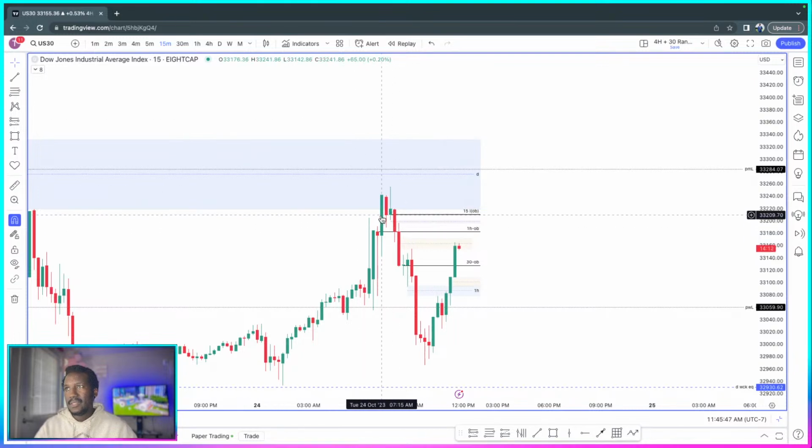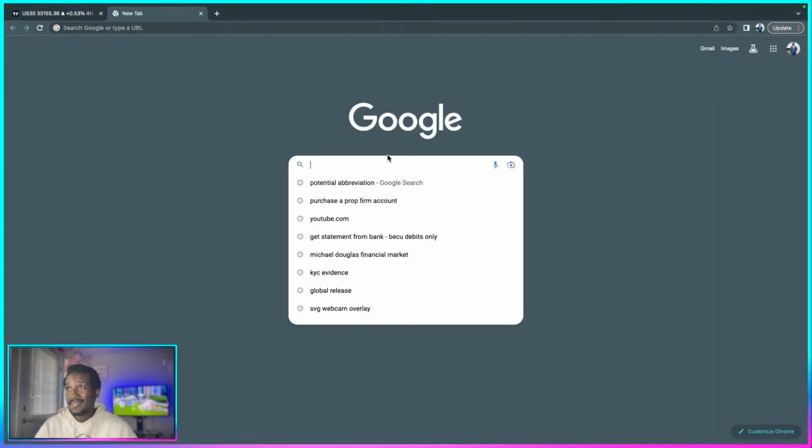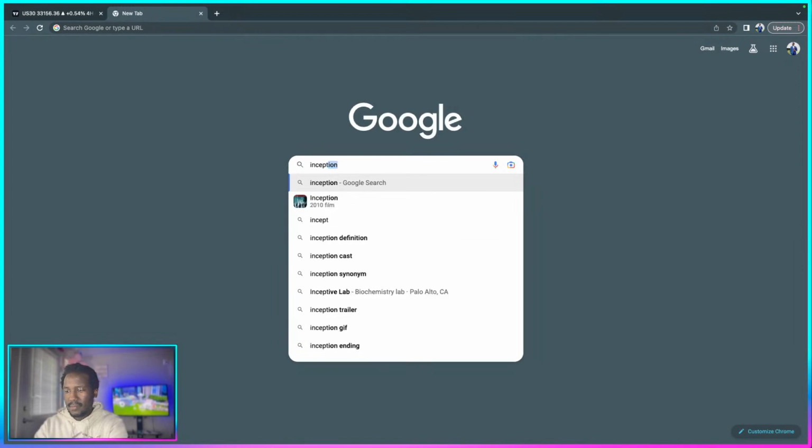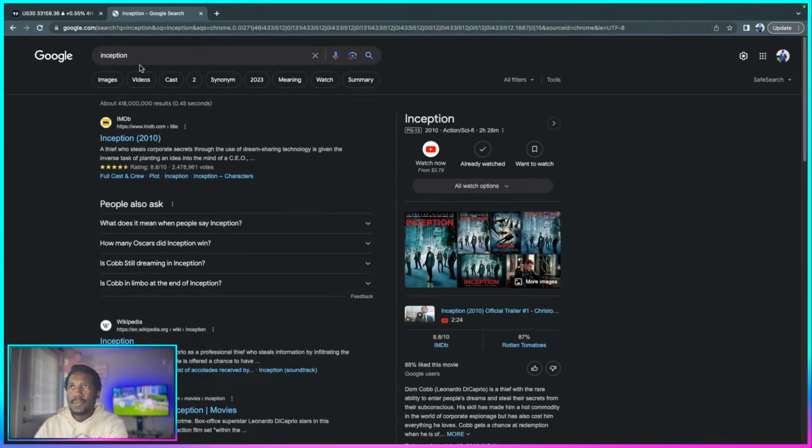So this candle is inside of this. I call it an inception order block because it's incepted. I believe that is what inception means. Let's just check that word out. Inception definition.